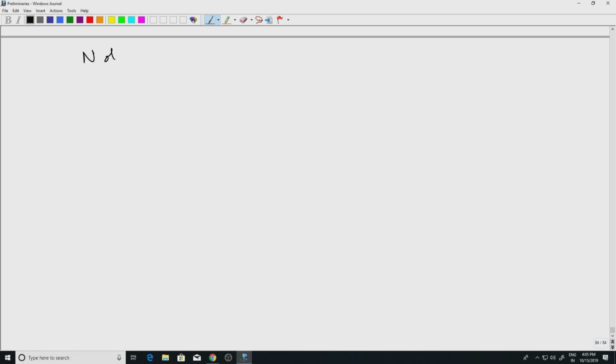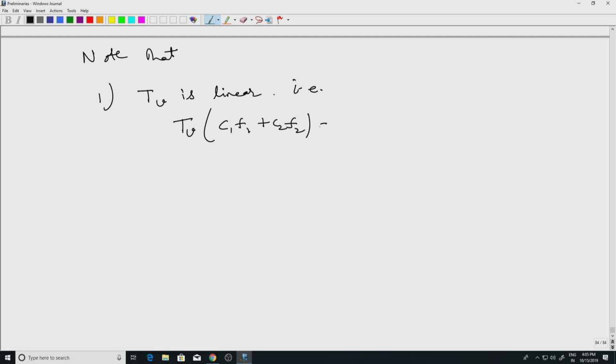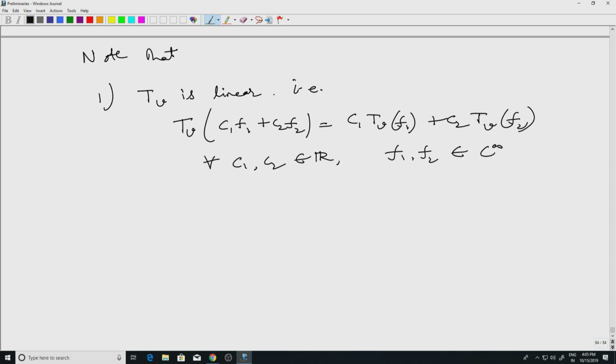Note that one, T_V is linear, i.e. T_V of c1 f1 plus c2 f2 is c1 T_V f1 plus c2 T_V f2, for all c1, c2 real numbers and f1, f2 C infinity functions on U.